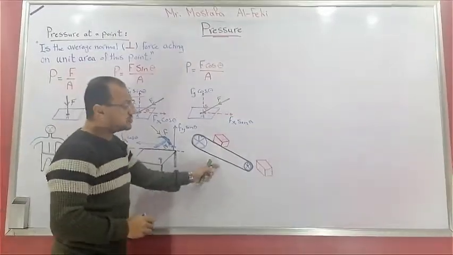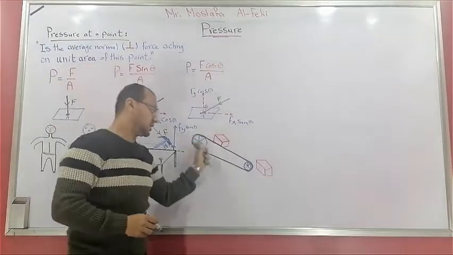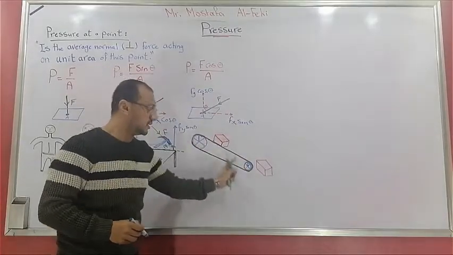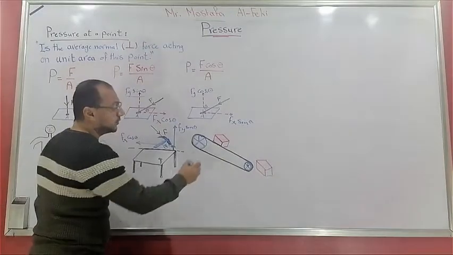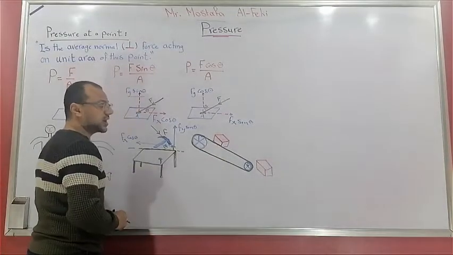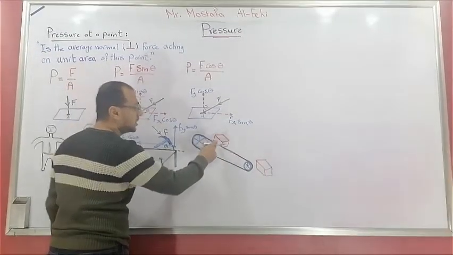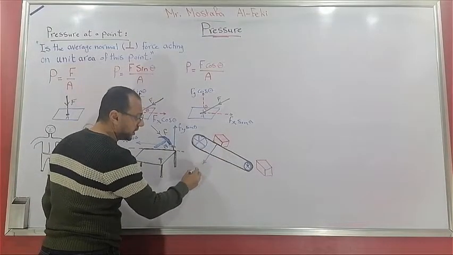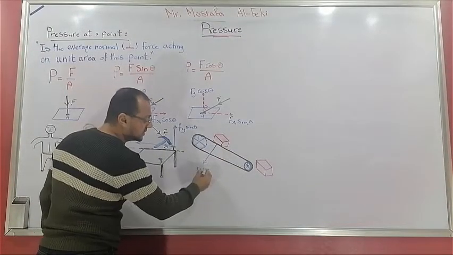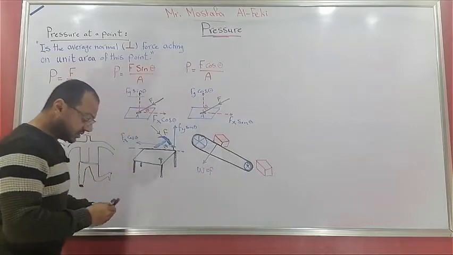In the third case, this box is sliding on an inclined plane to reach this point. What is the force that acts by this box on the inclined plane? It is the weight of the box. Weight is a force.